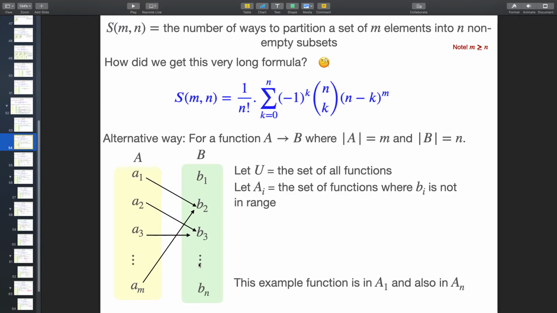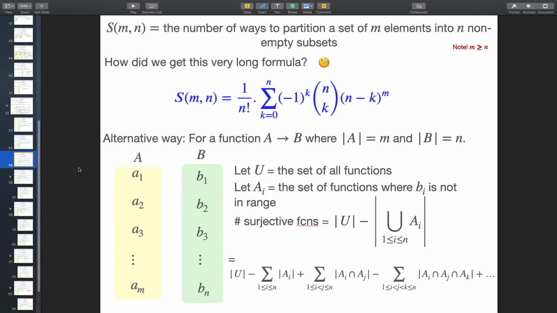That is, the number of surjective functions will be the size of the universal set minus the union of all these A sub i's. Right?